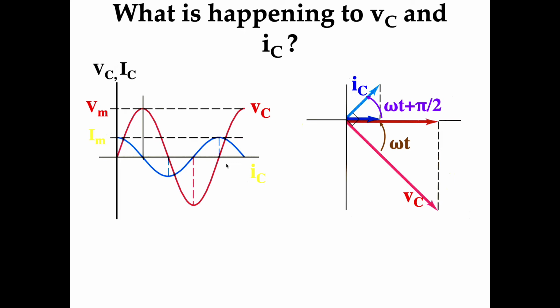The current's ahead of the voltage by 90 degrees. Now you should be able to do the RC circuit. Questions?